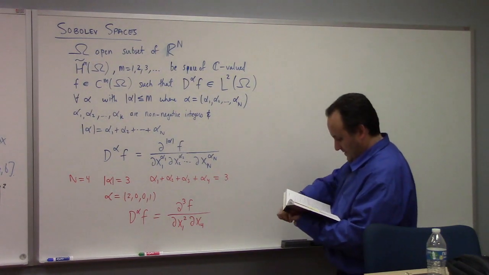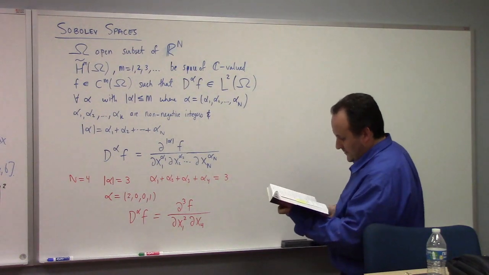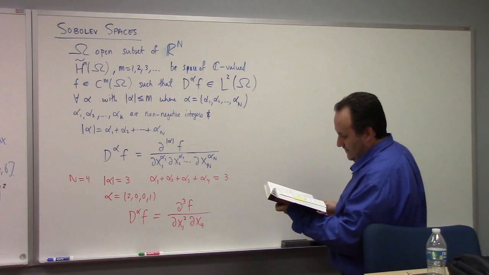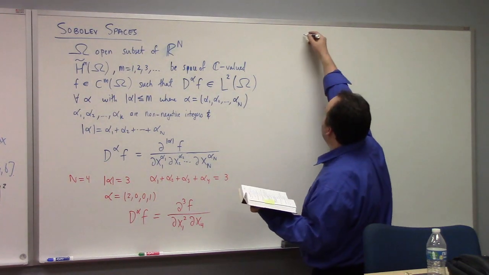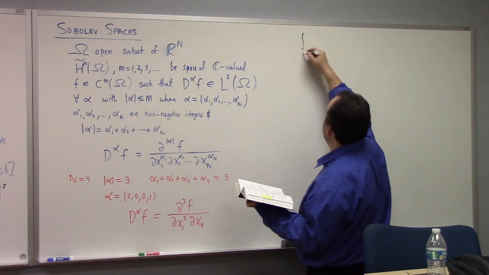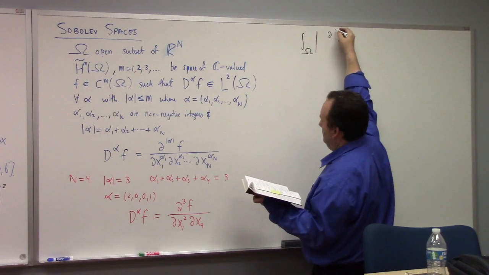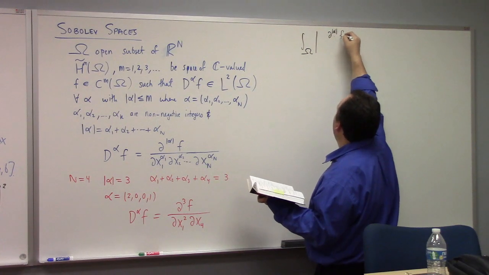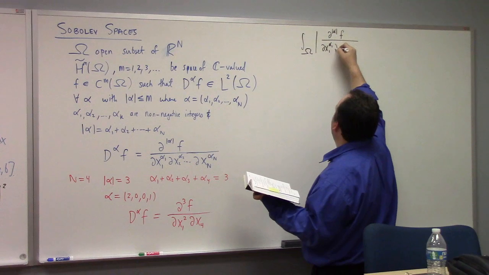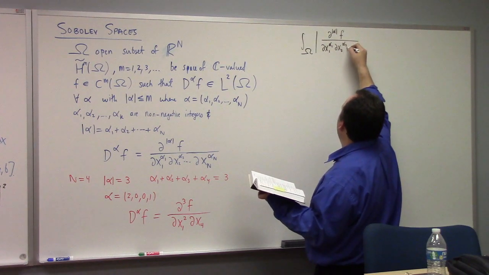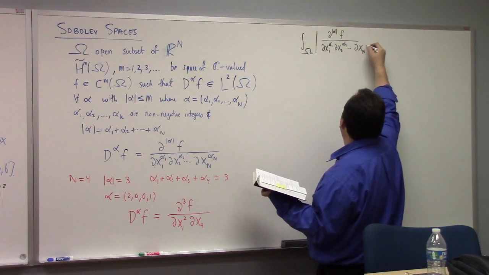So you're basically imposing the condition that the integral over omega of these partial derivatives is finite.